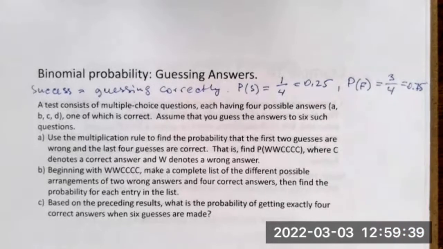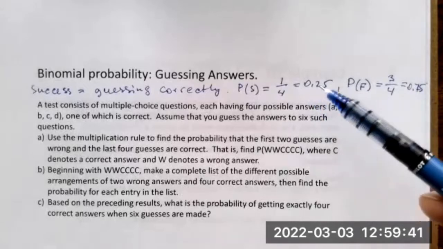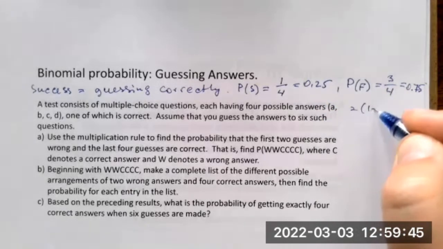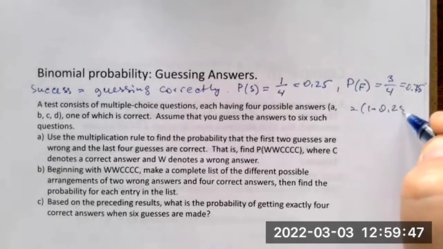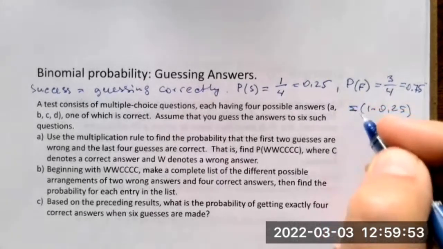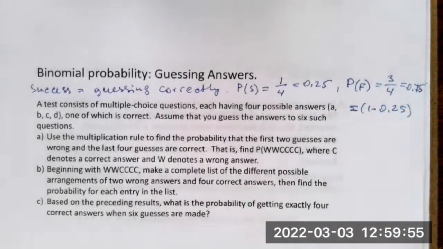Or we could just do the complement of a success. So that would be 1 minus 0.25, which will also give us the same 0.75.